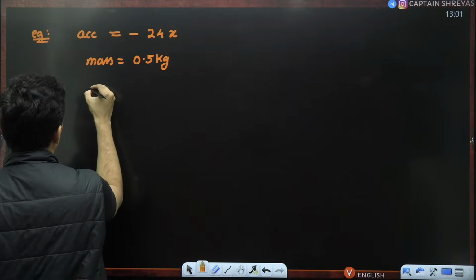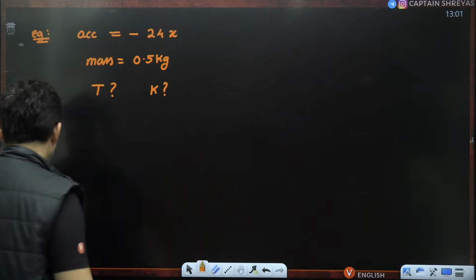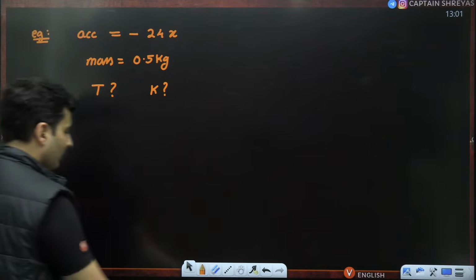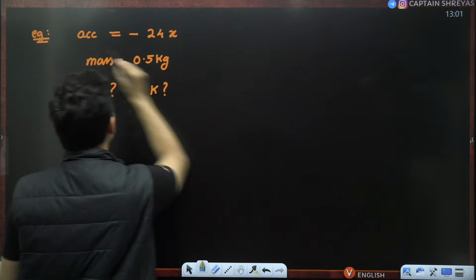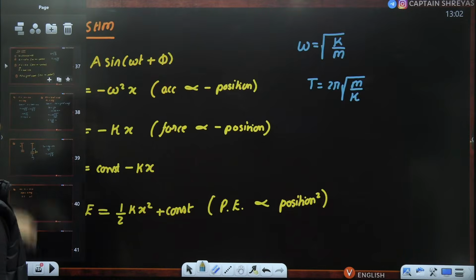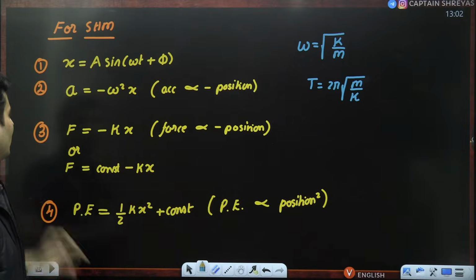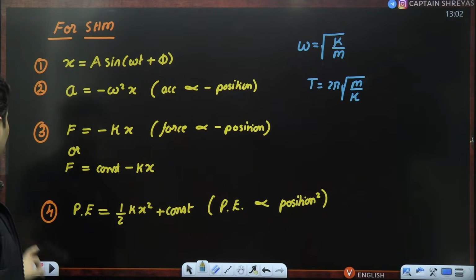Can you find the time period? Can you also find the spring constant? This kind of question can come. So what will you do? The moment you look at this, acceleration is minus 24x. We know acceleration proportional to position is again SHM only. You are just using this equation.